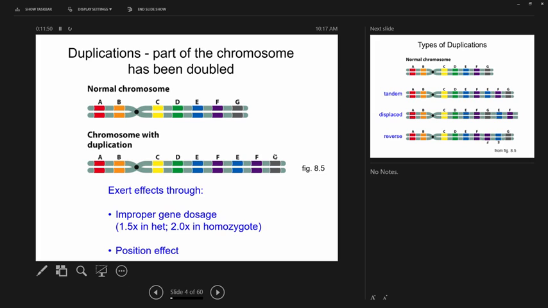Just little changes in signaling ratio can mess things up. And if you are homozygous for this, then you would have 2 times the gene dosage. So gene dosage is a big deal.